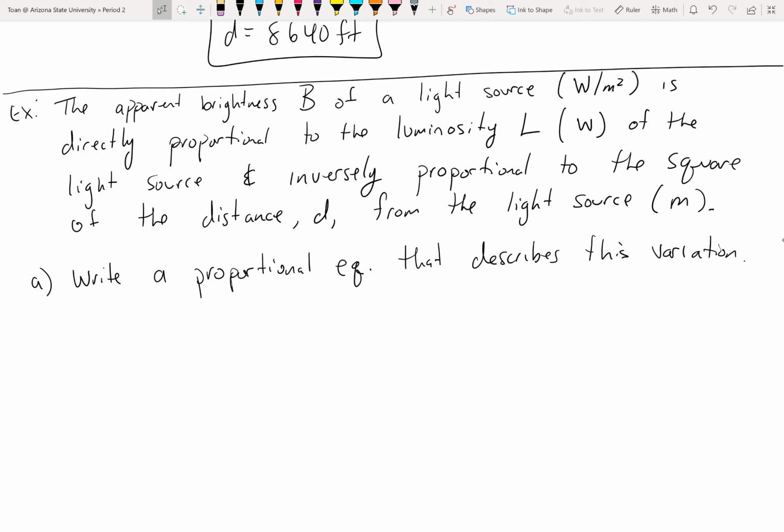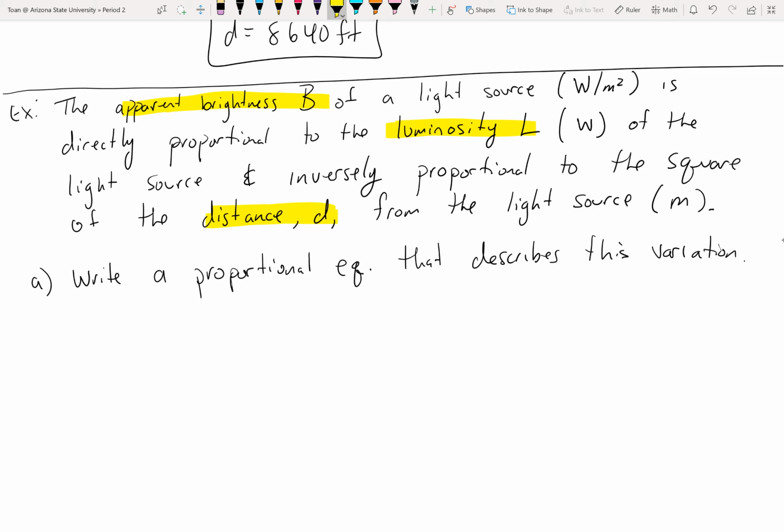Now, the first thing I would do is try to figure out what players are involved in the story and put variables to them. But this question was nice. It sort of did that for us. I hope everyone can see that we have apparent brightness as one variable, luminosity as another variable, and distance d as another, three variables. So you guys agree that this problem has three different variables in it.